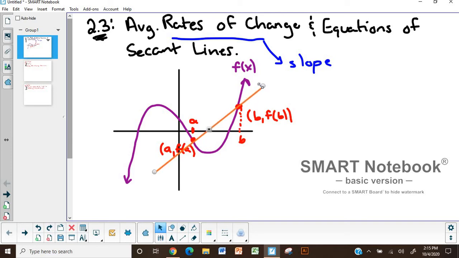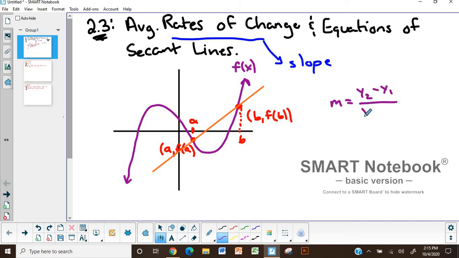Okay? And we can use the slope formula to find the slope of that line. So remember, slope is y2 minus y1 over x2 minus x1.